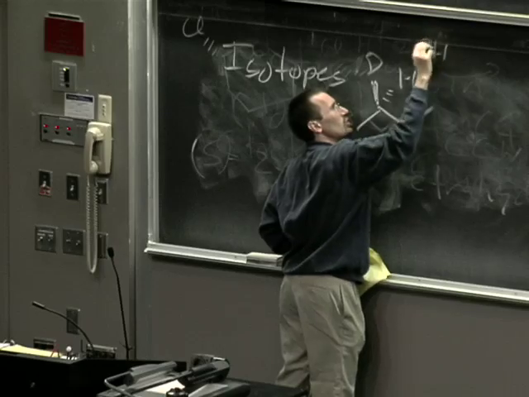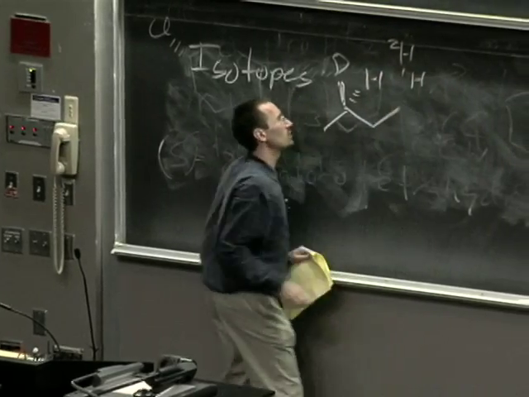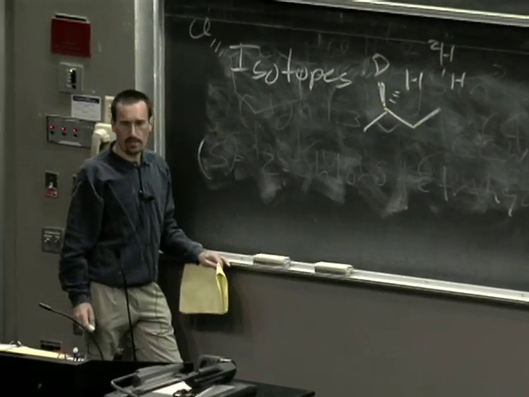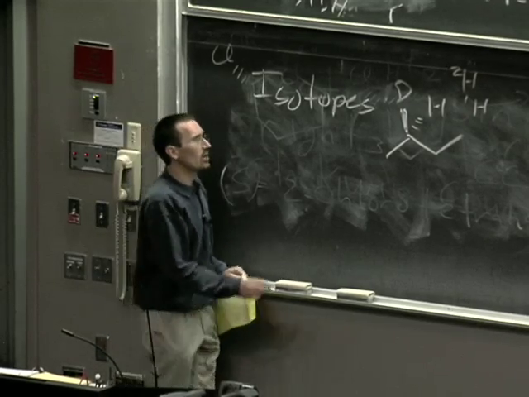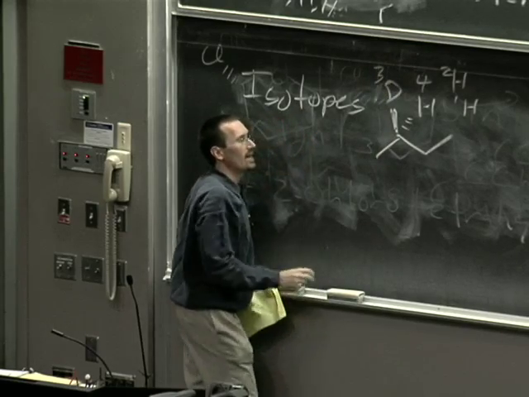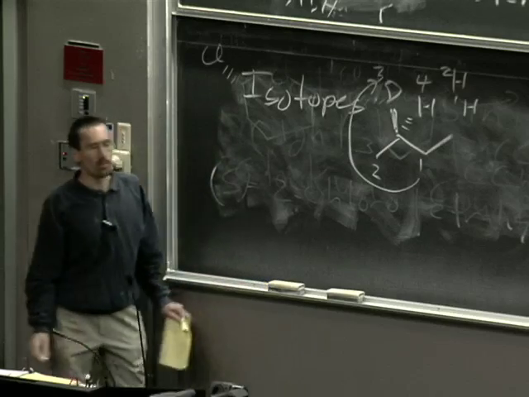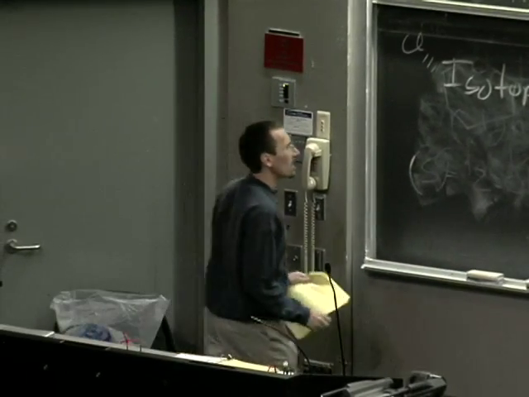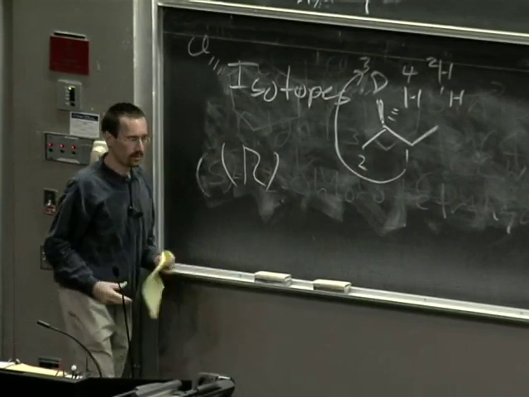Deuterium is H2. It's heavy hydrogen. Regular hydrogen is H1. Not surprisingly, higher atomic mass counts as higher priority. And so our deuterium gets a priority of 3 and now we go 1, 2, 3. This molecule with isotopes has an R stereochemistry to it.